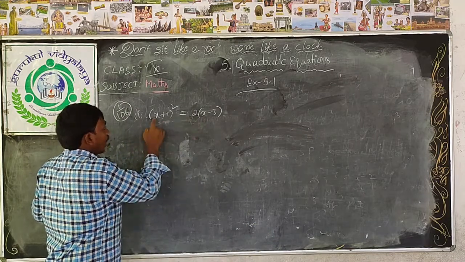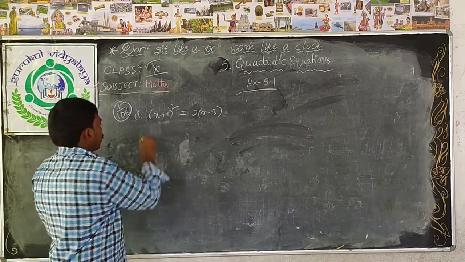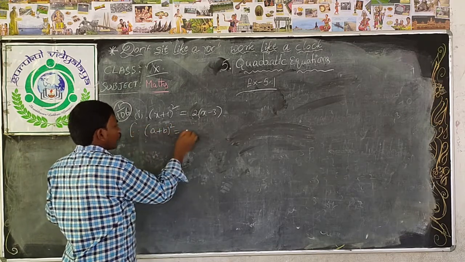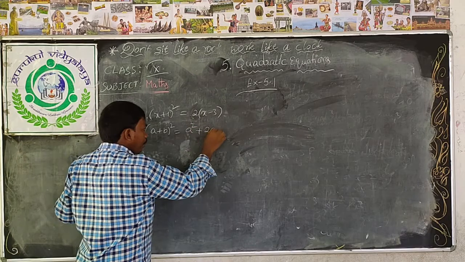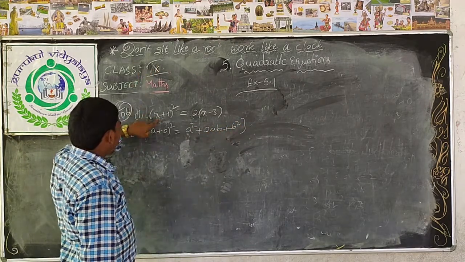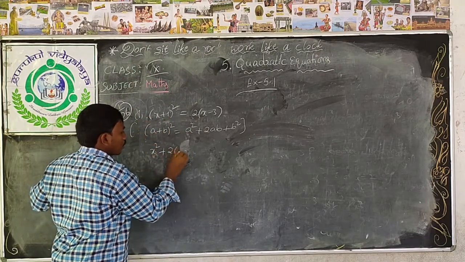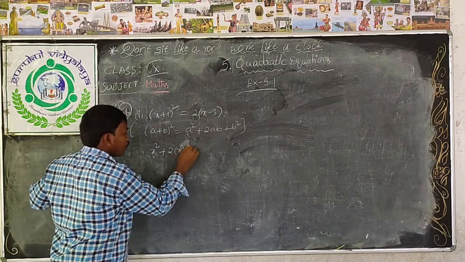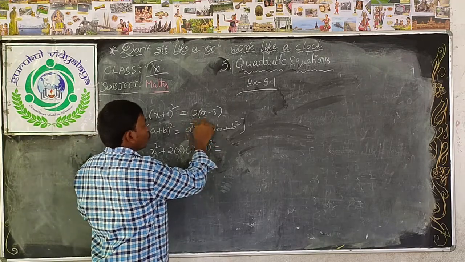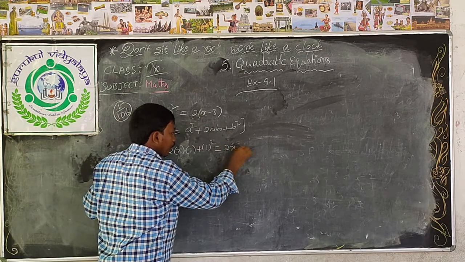For x plus 1 whole square, apply a plus b whole square, which is a square plus 2ab plus b square. Here a is equal to x, b is equal to 1. So x square plus 2 into x into 1 plus 1 square is equal to 2 into x minus 3.